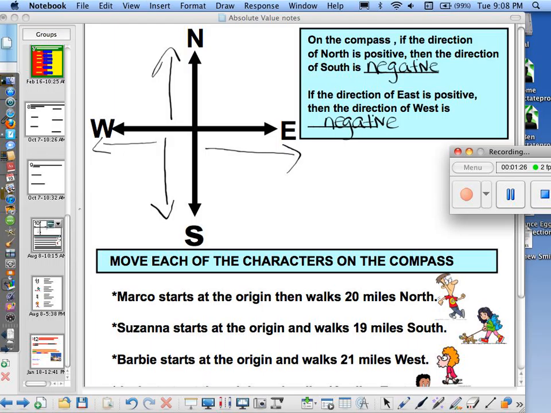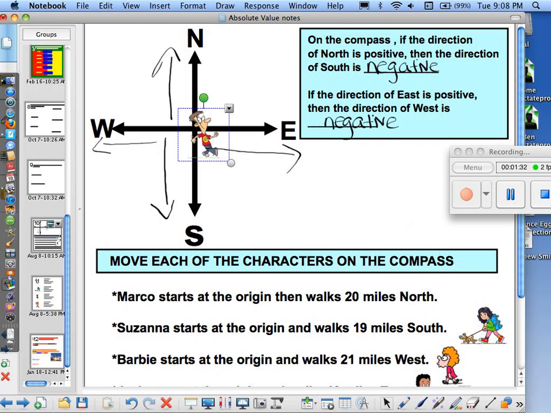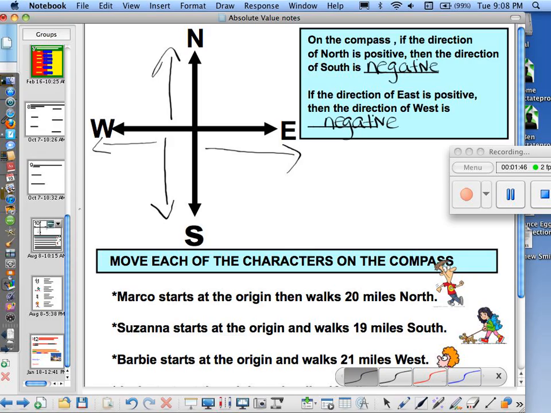So if you look down at the bottom and we see the individual characters, we've got Marco. And if he's going to walk north, so he's going to move up, that's going to be in a positive direction. So go ahead and put a plus sign there so we know it's positive.